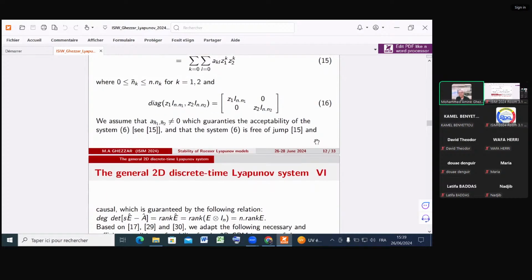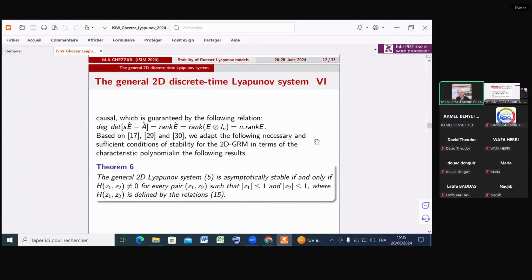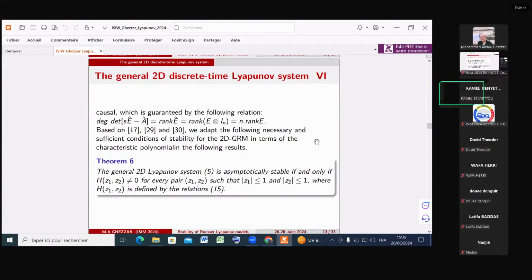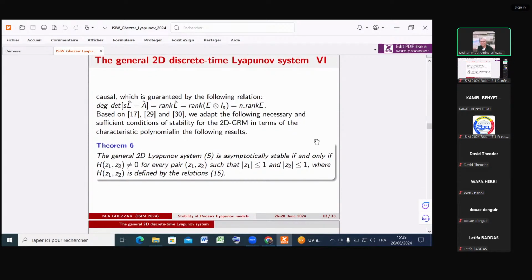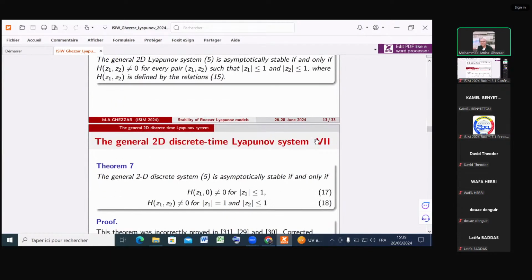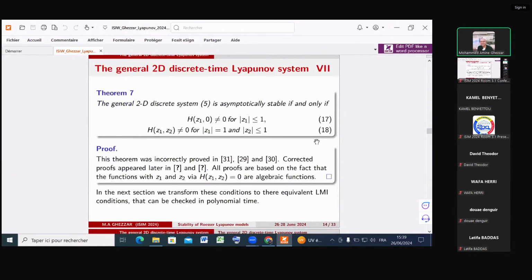For that, we use some theorems and definitions from the Kaczorek and Rosser works, like in theorem 6 and theorem 7.